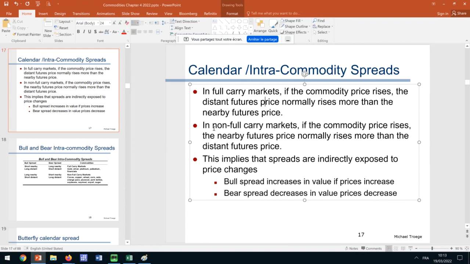And if you have a non-full carry market, then the opposite happens. Remember, in non-full carry markets the price is more influenced by expectations or anticipations of future price changes. In this case, you will often have fluctuations of the short-term price, because there is a short-term scarcity, and this cannot be solved by reverse cash and carry strategies.